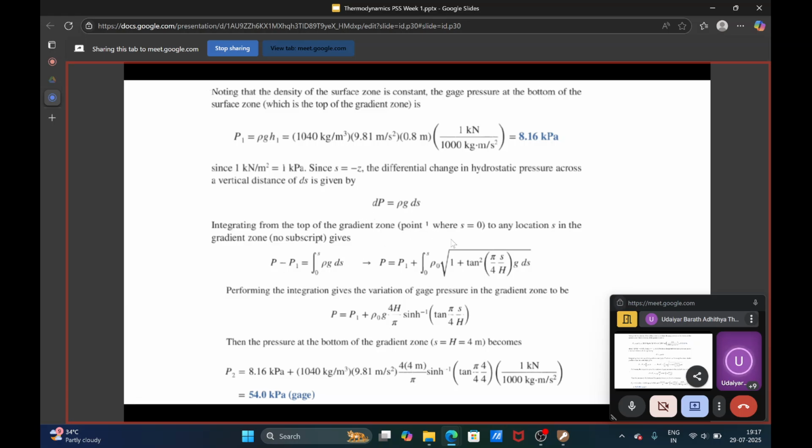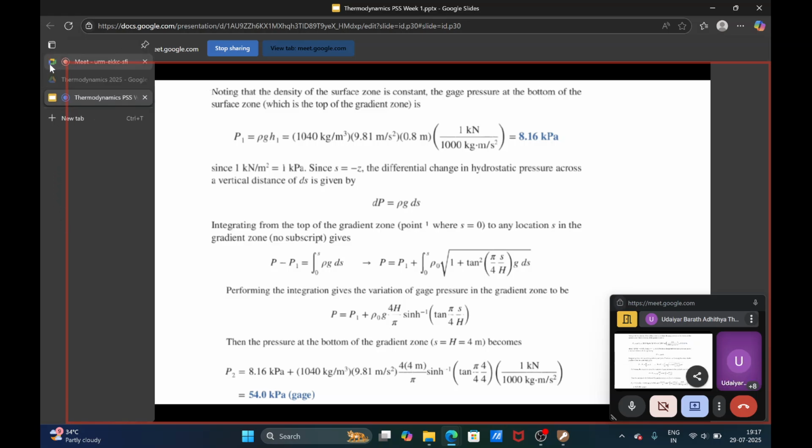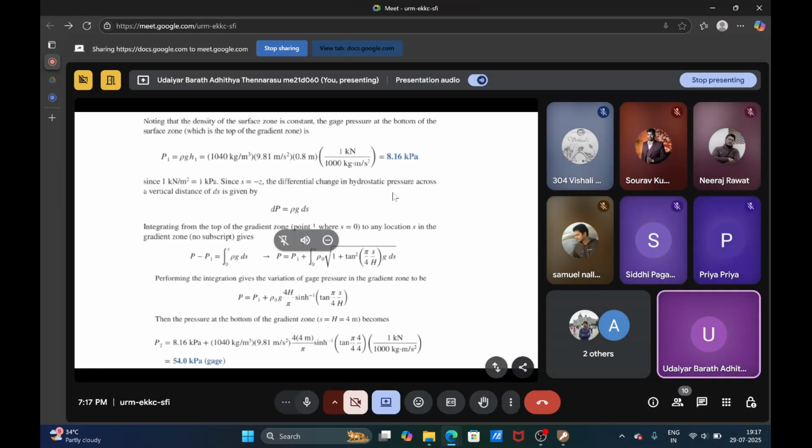Any question in this? Okay, I think this was my last problem for today. Today was mostly on finding pressures and so on.